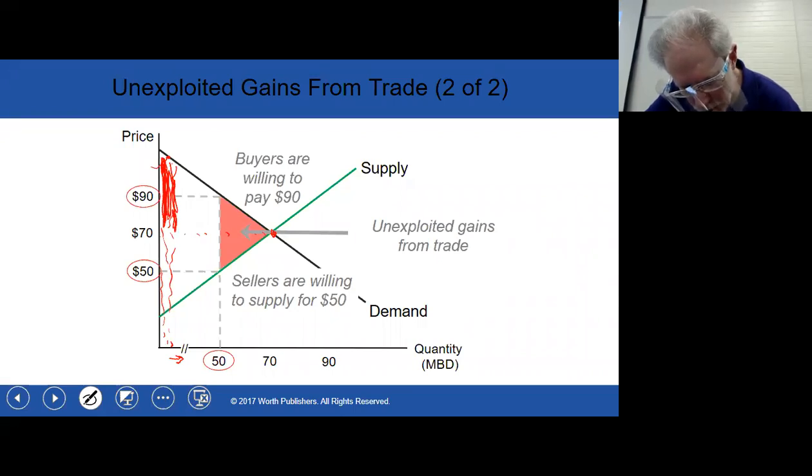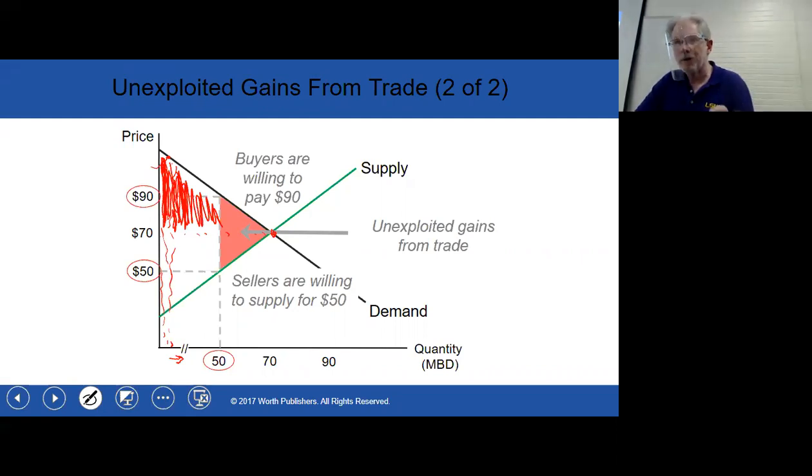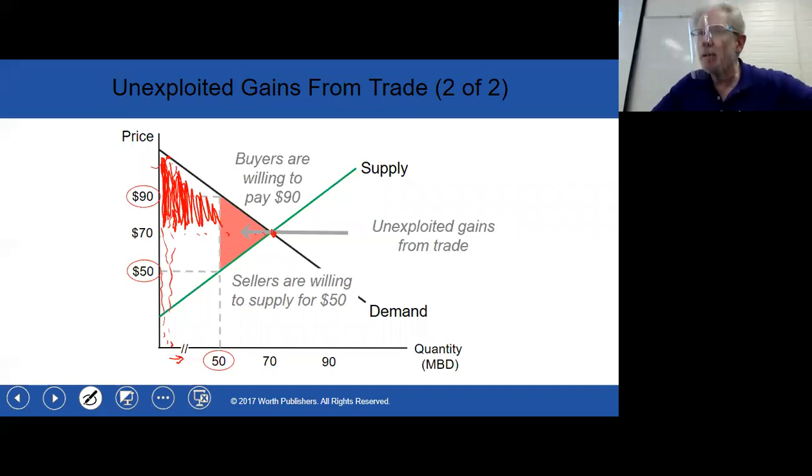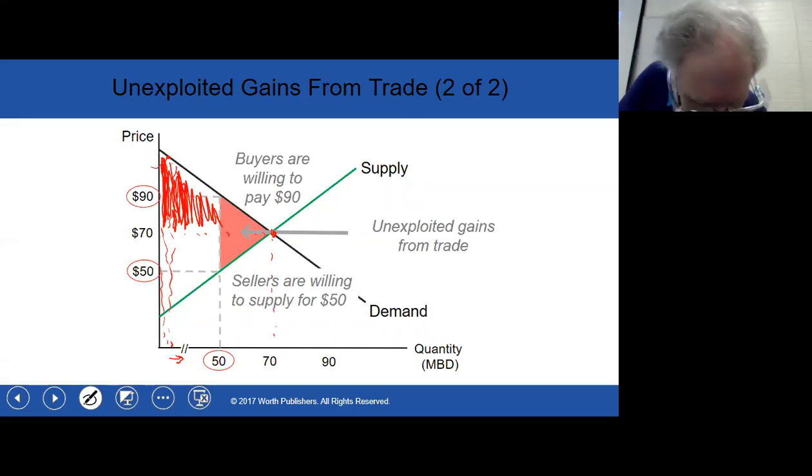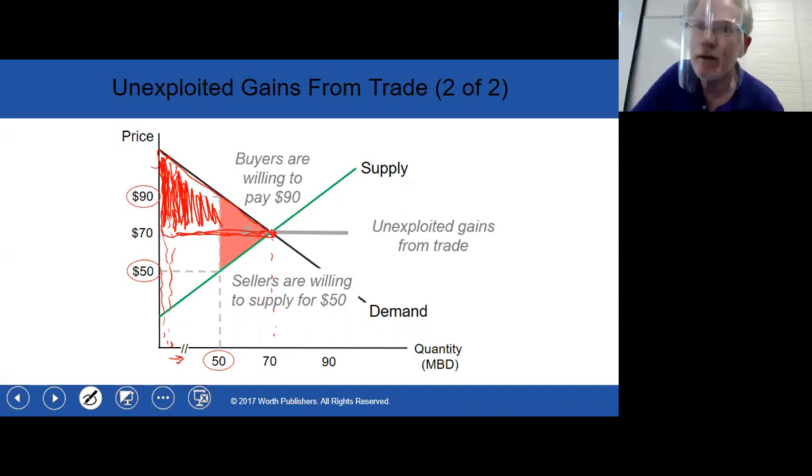The total consumer surplus is the sum of all those differences between what the consumer was willing to pay and what they actually had to pay. And so as you continue going all the way out to the equilibrium, the consumer surplus is all of that triangular area.